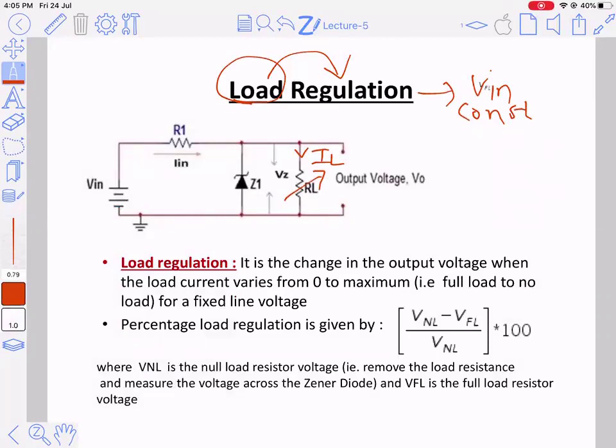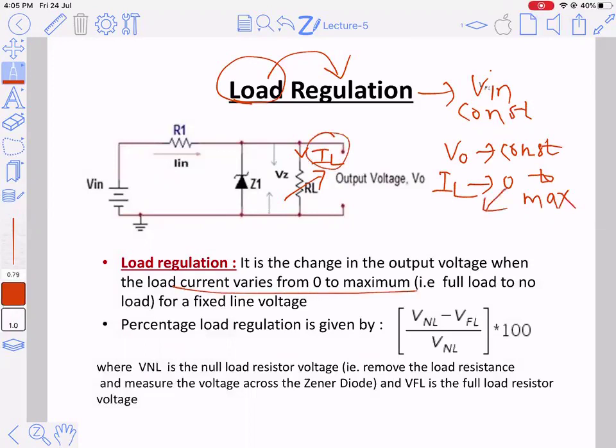So what is the definition of load regulation? I need my output voltage to be constant despite change in the load current from 0 to maximum. So when my IL varies from 0 to maximum, what is IL is 0?